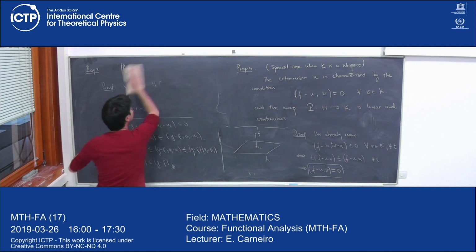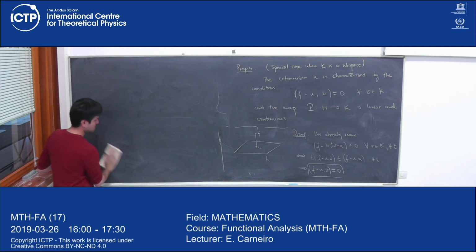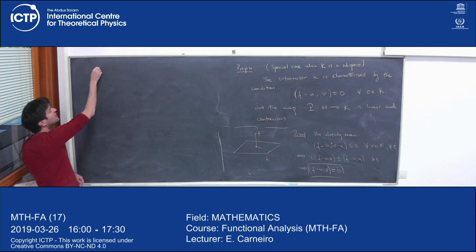And this actually helps to prove that the map is linear. So now let's show that P is linear.